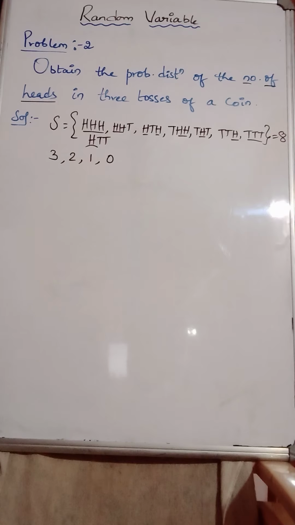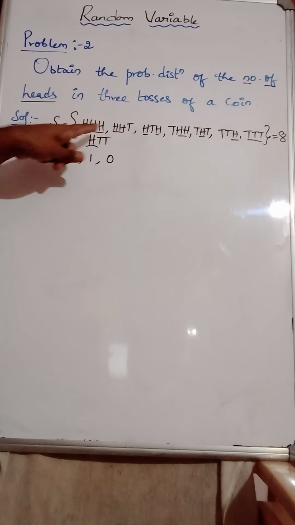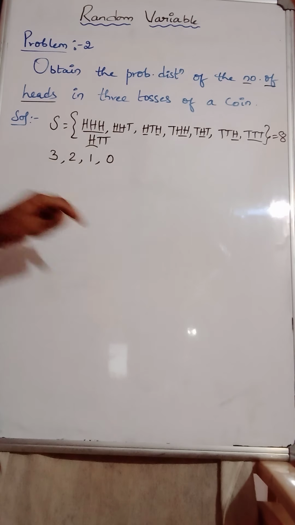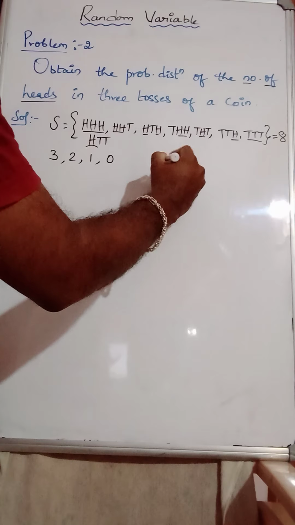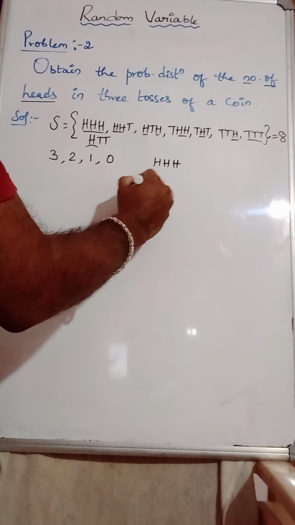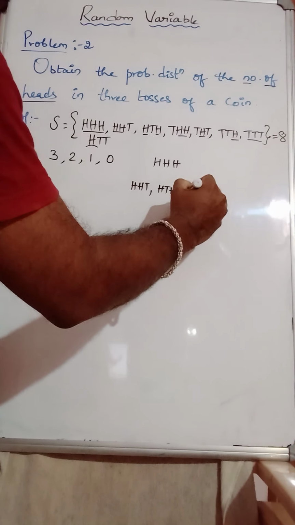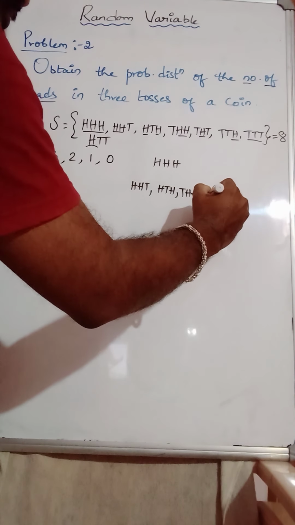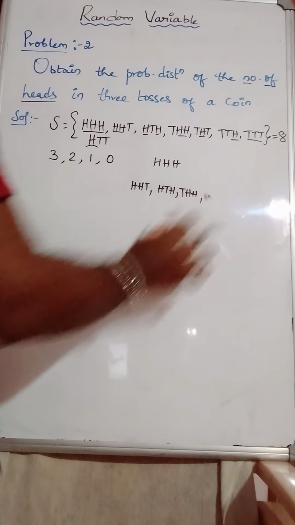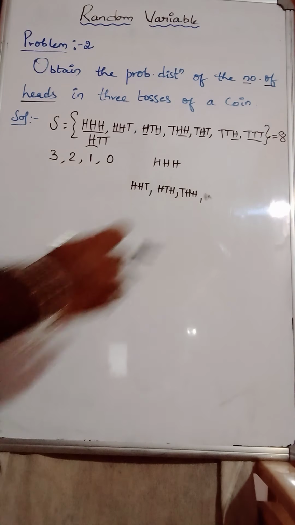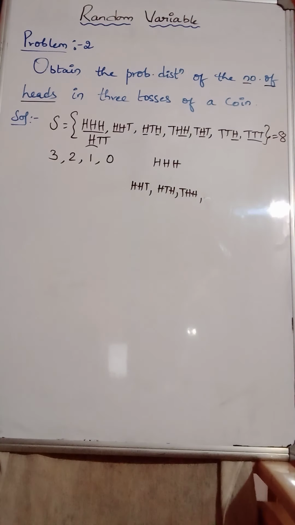For obtaining the number of heads, the possibilities were 3 heads, 2 heads, right? So 3 heads. Next 2 heads, how many? Head, head, tail; head, tail, head; tail, head, head. Getting 2 heads.